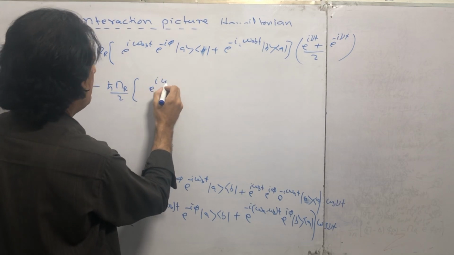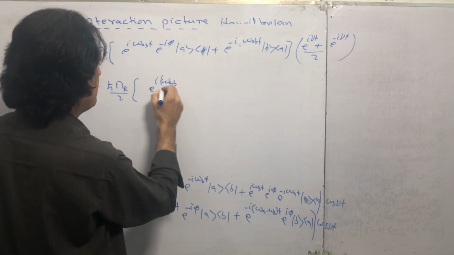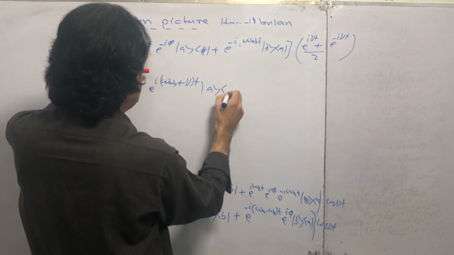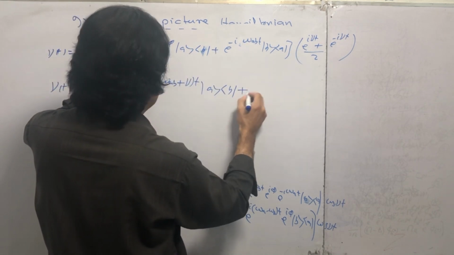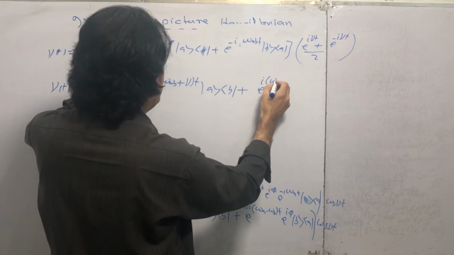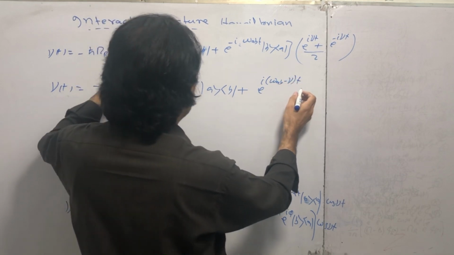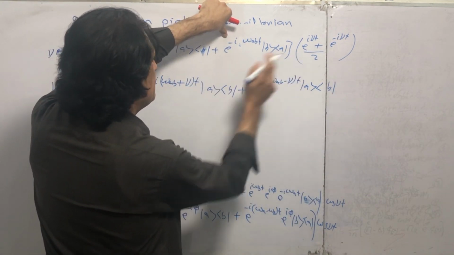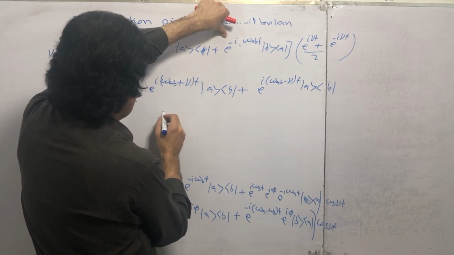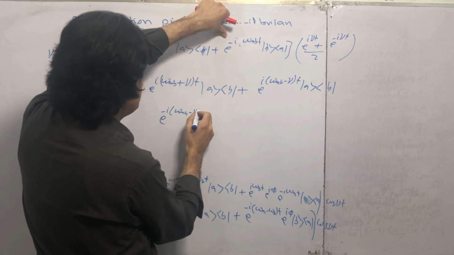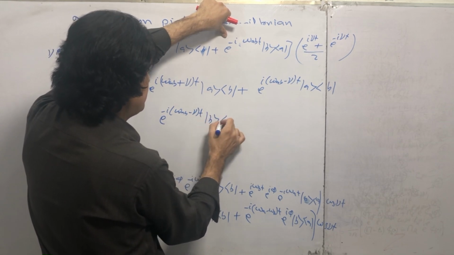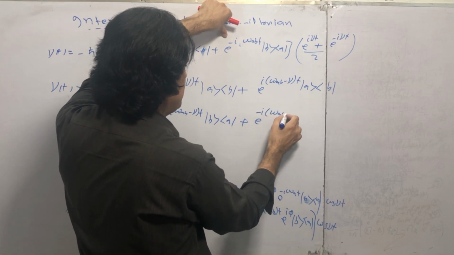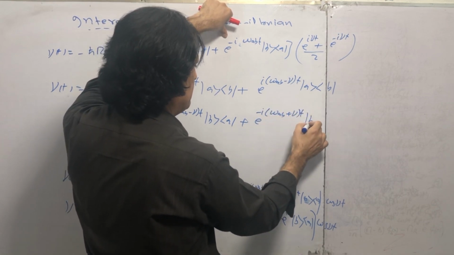So e to the power iota omega ab plus nu t and ab, and if we multiply this with this, so e to the power iota omega ab minus nu into t and ab, and then multiply this term with this term, then we must have e to the power minus iota omega ab minus nu t ba plus e to the power minus iota omega ab plus nu t and ba.